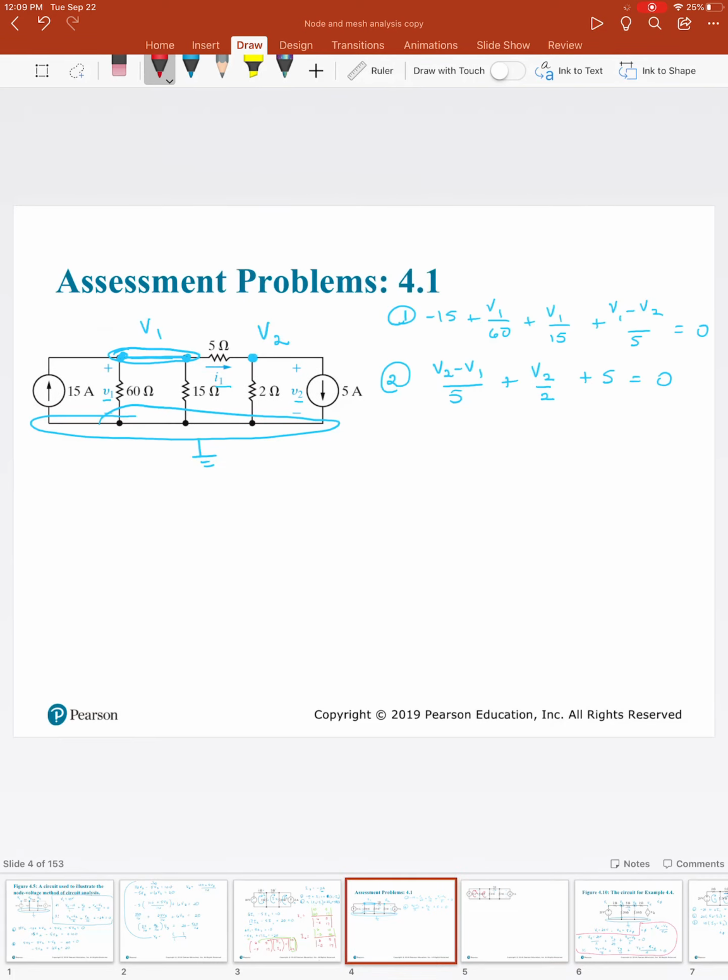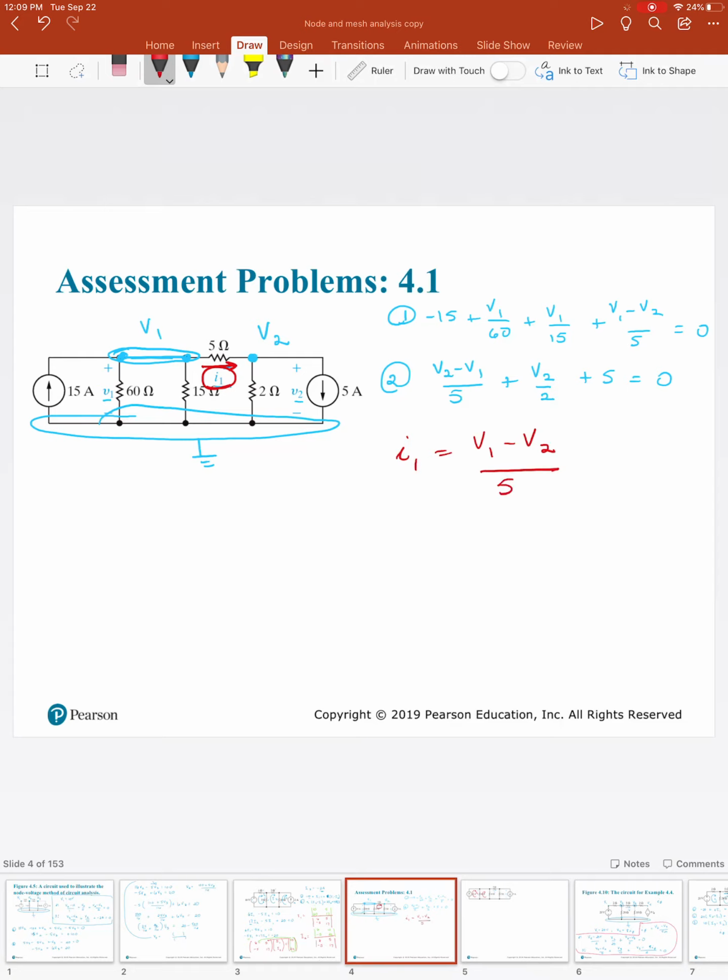Oh, you know what? Let me go back, because I do want to point out one thing. One of the things that we wanted to solve for in this circuit was I1. The way to get that is to look at what I1 is in terms of the node voltage. Well, it's the current through this 5 ohm resistor. So it's basically V1 minus V2, which is the voltage across the 5 ohm resistor, divided by 5 ohms.